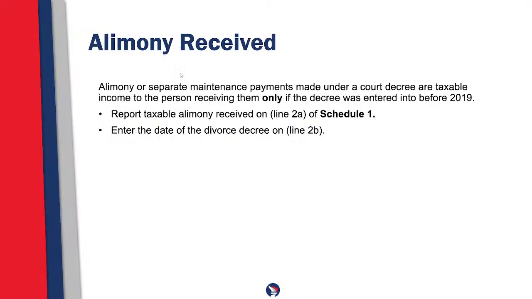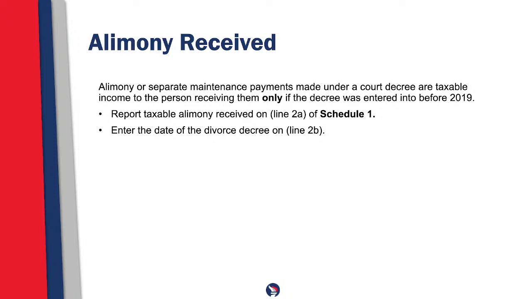Alimony or separate maintenance payments made under a court decree are taxable income to the person receiving them only if the decree was entered into before 2019. So if your client is receiving alimony from a divorce that was put in place before 2019, it's taxable income to the recipient. It's also an adjustment to income for the person who's paying it.